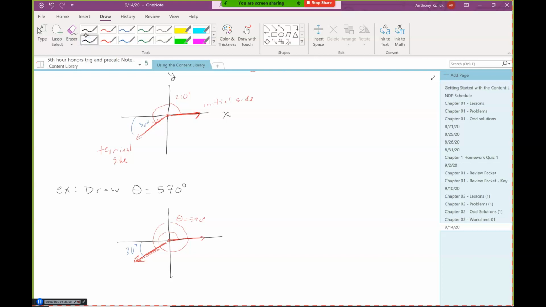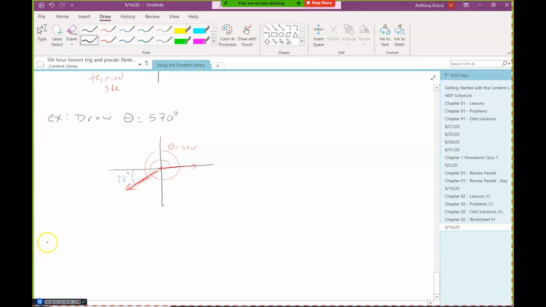We have a word for this. It's called coterminal.